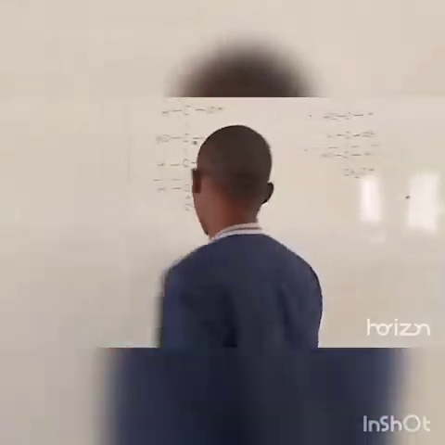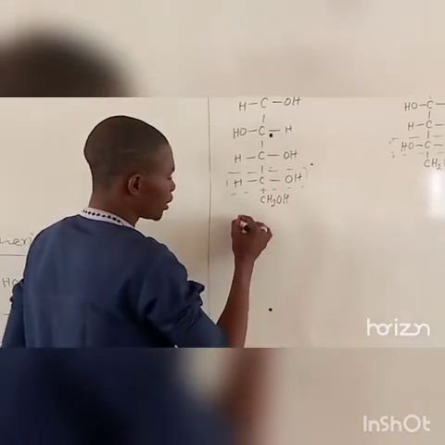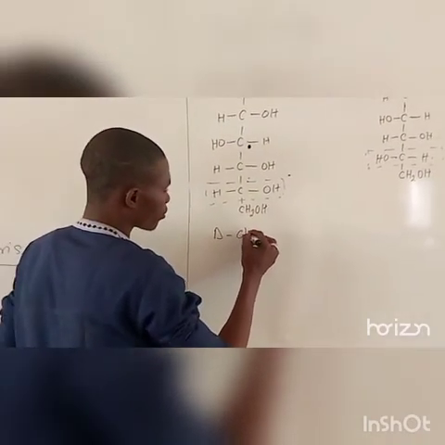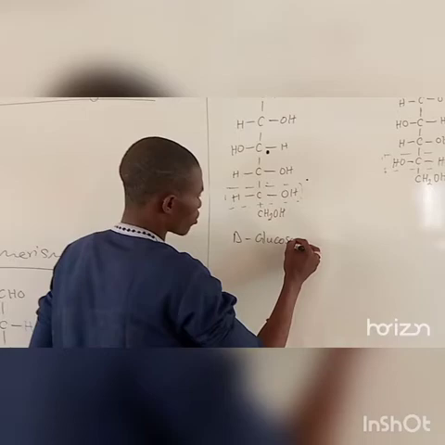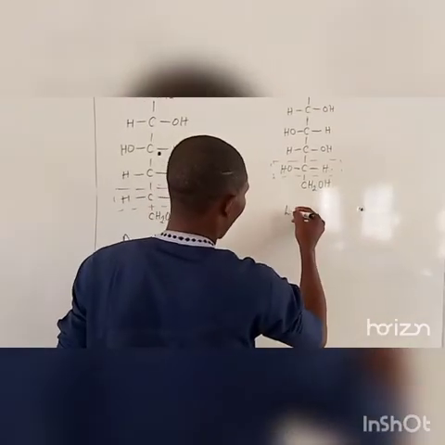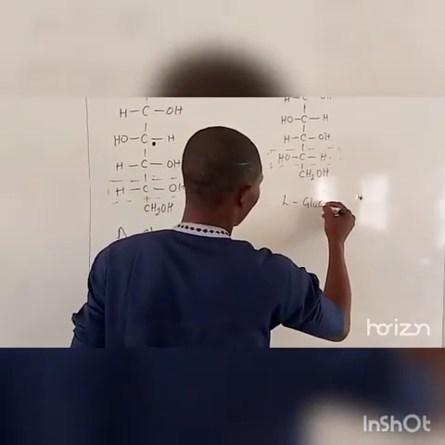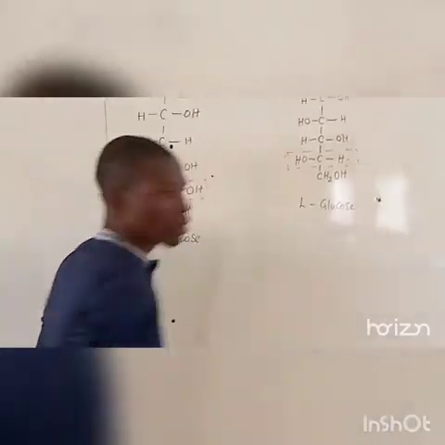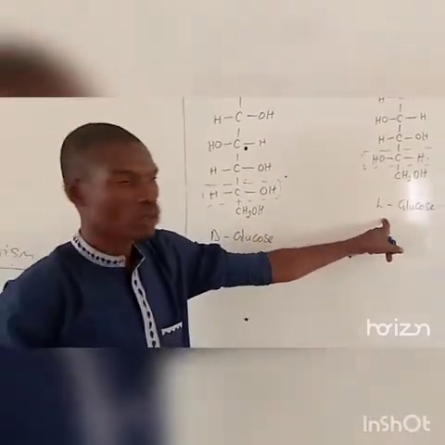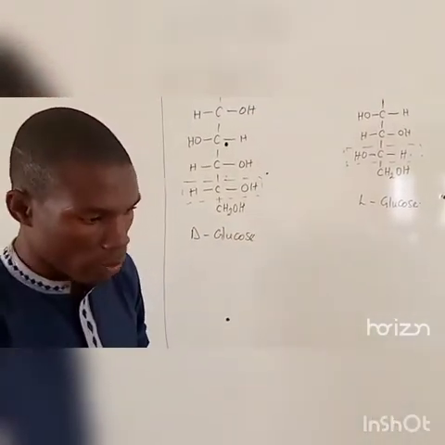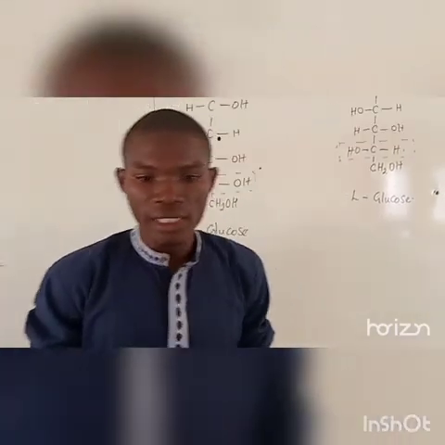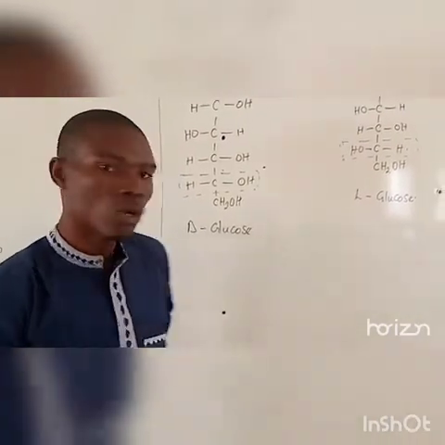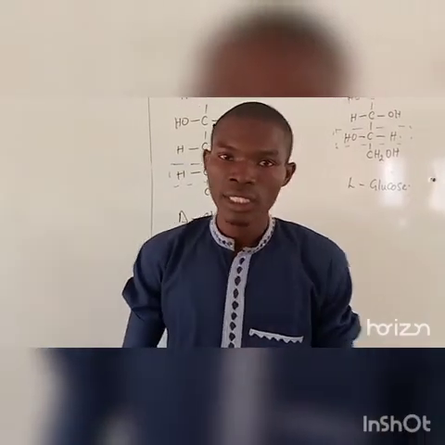So therefore this one is going to be D glucose, while this one will be called L glucose, because it's located left. However, nature has decided to work more with the D glucose than the L glucose.